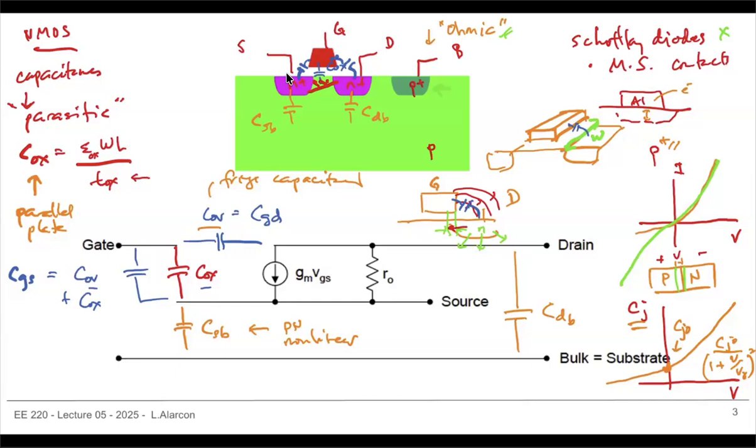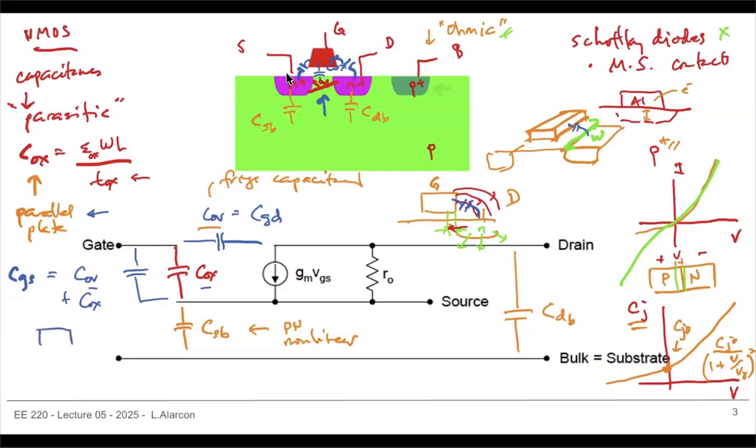But notice that even if this is parallel plate, as we have seen in the homework, that actually changes with voltage as well. Why? Because the channel changes with voltage. If you have a gate voltage that is less than a threshold, you don't get an inversion layer. So let's explain that.